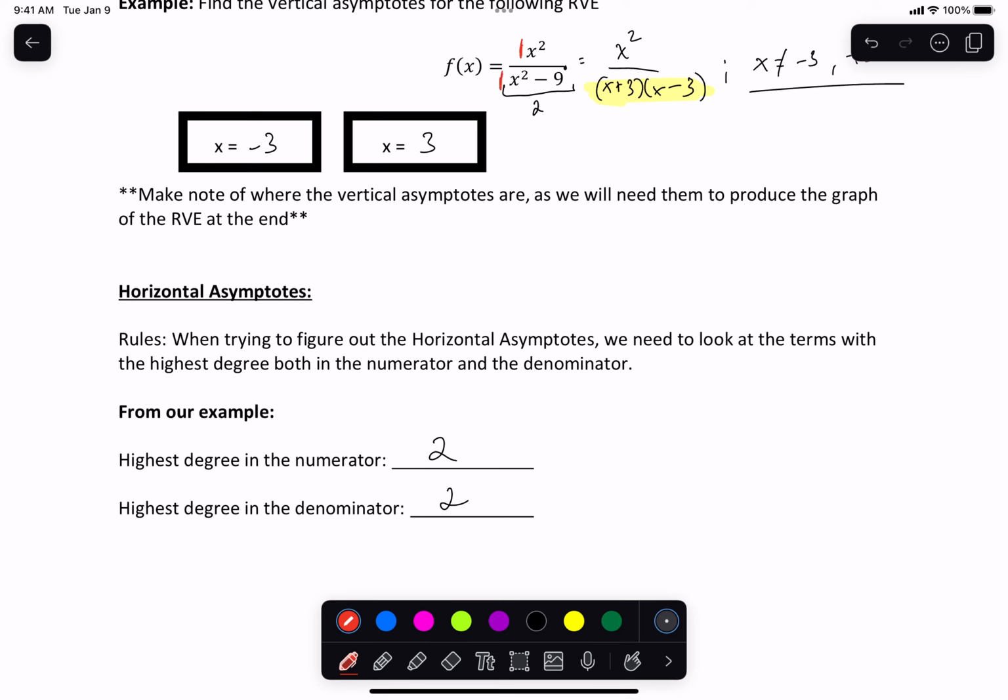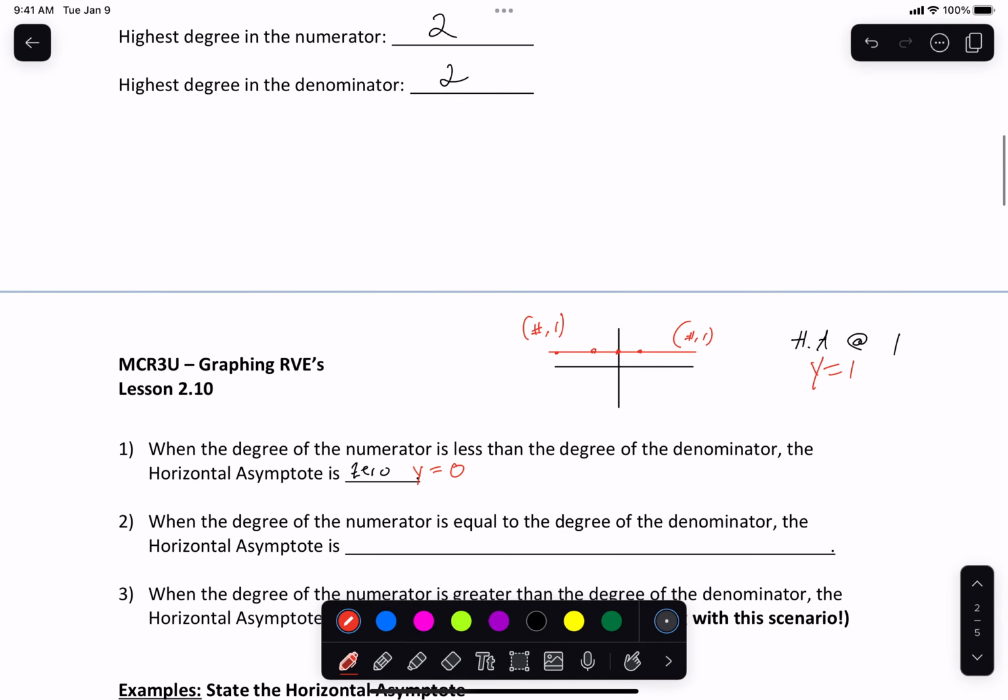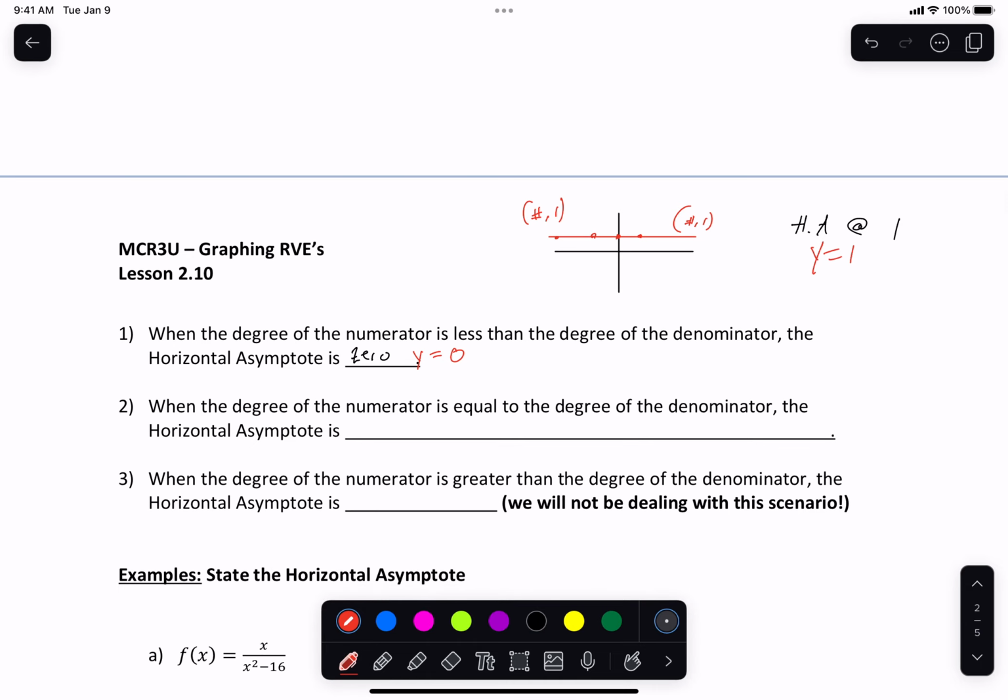Of the leading term? This is important. So we have 1x squared over 1x squared minus 9. So when the degrees match, the horizontal asymptote is equal to the ratio of the coefficients in front of the leading term.